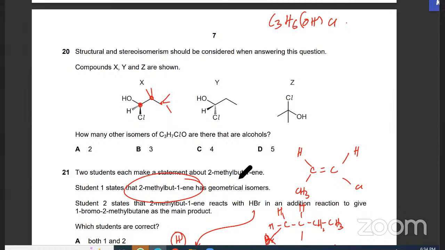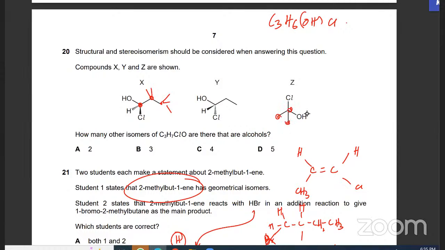How many other alcohols? I can arrange the 3 carbon atoms. That's one way of arranging the 3 carbon atoms, putting the OH and Cl at the end. That's another way of arranging the 3 carbon atoms.